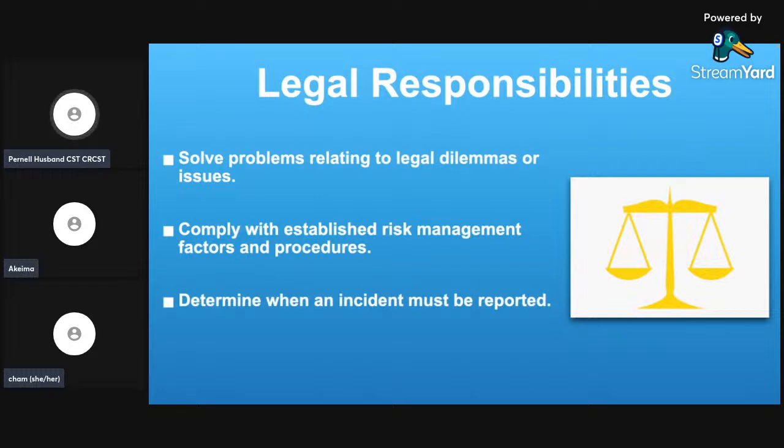We have to determine when an incident must be reported, and you're going to learn about all this fun stuff. And in the healthcare environment, confidentiality is critically important. You're going to be in a position to find out a whole lot about a whole lot of different people. And it's really, really important. It's actually against the law to talk about other people's health issues.